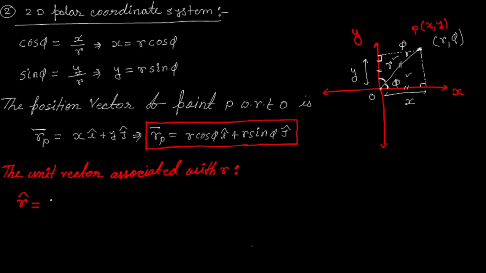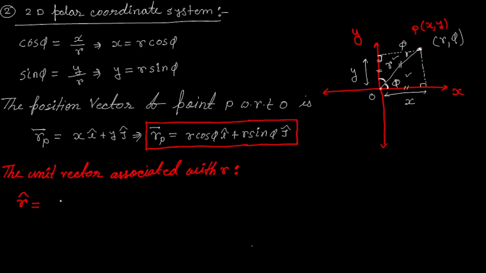This is the general definition in any coordinate system. If we know the position vector in any coordinate system, let's say it is a function of n variables, then we can define n unit vectors associated with each variable.